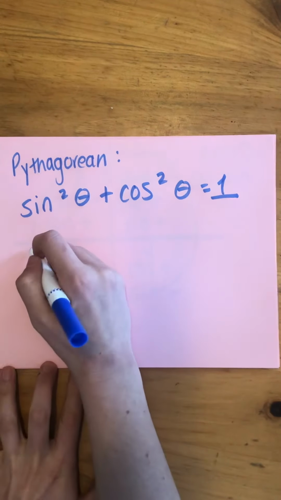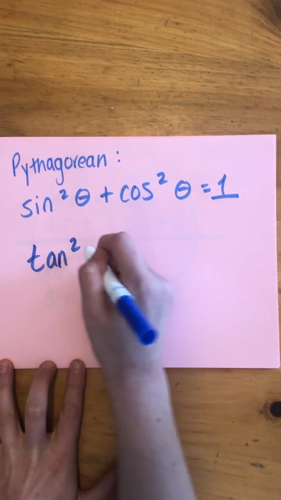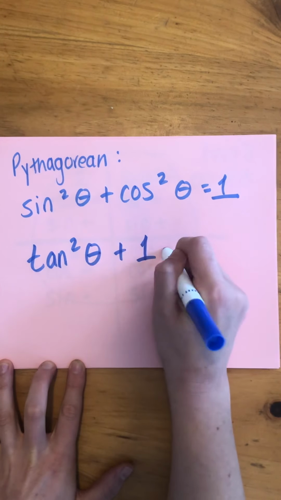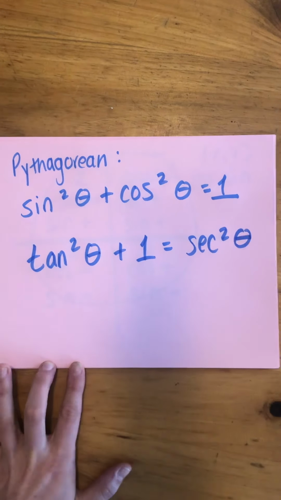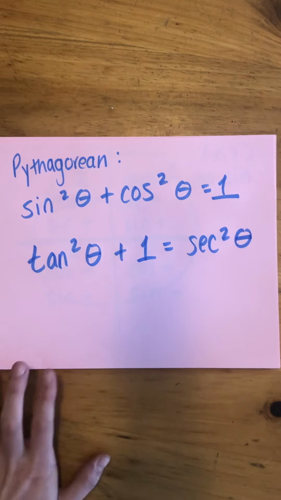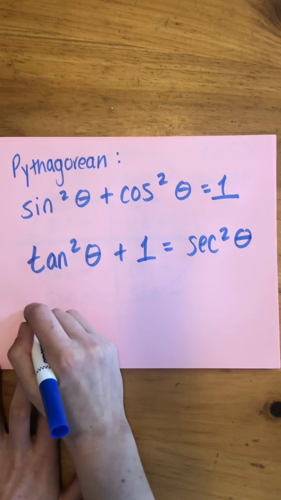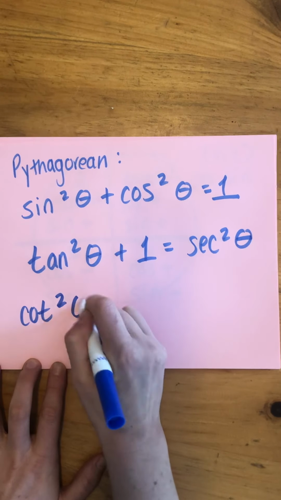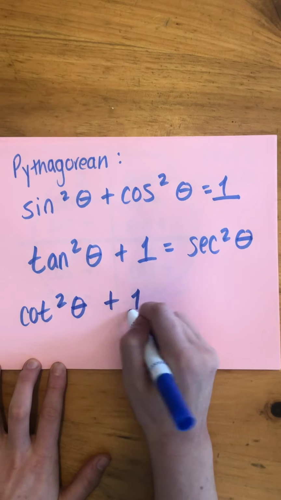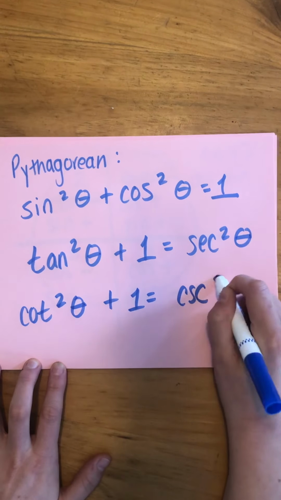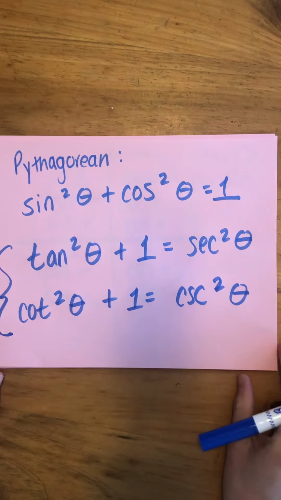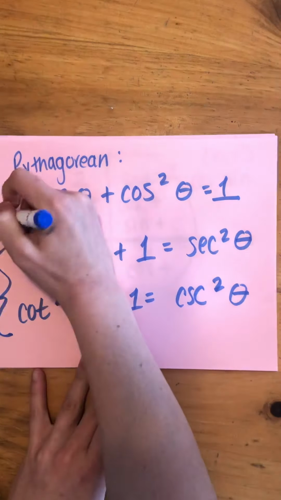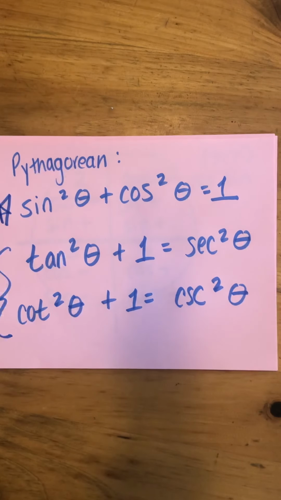But later you'll see that we're going to use tan squared theta plus 1 equals secant squared theta. And we're going to use cotangent squared theta plus 1 equals cosecant squared theta. So these two are kind of like the backup ones. They're not as important. This one is the real one.